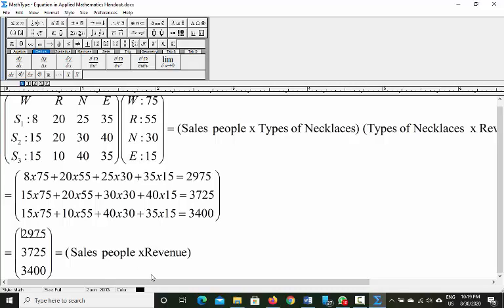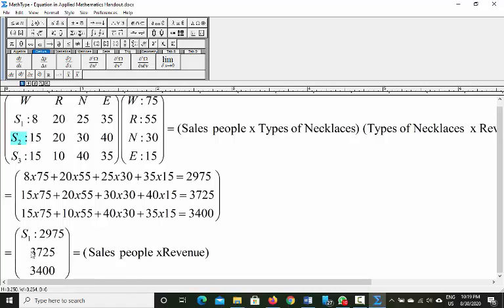In the row we have the salespeople. The first row represents salesperson 1, the second row represents salesperson 2, and the third row represents salesperson 3.